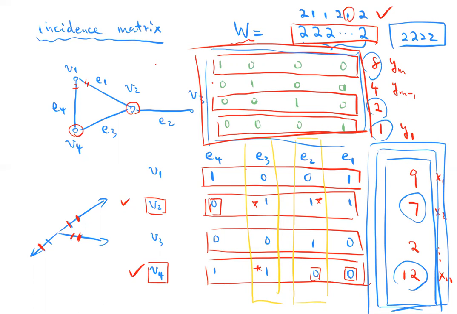Now, how does this K correspond to subset sum? Actually, we use this K to control the weight. We choose K vertices. So each vertex, if we choose them, we add 1 here. So each number is not exactly 9, 7, 2, 12.